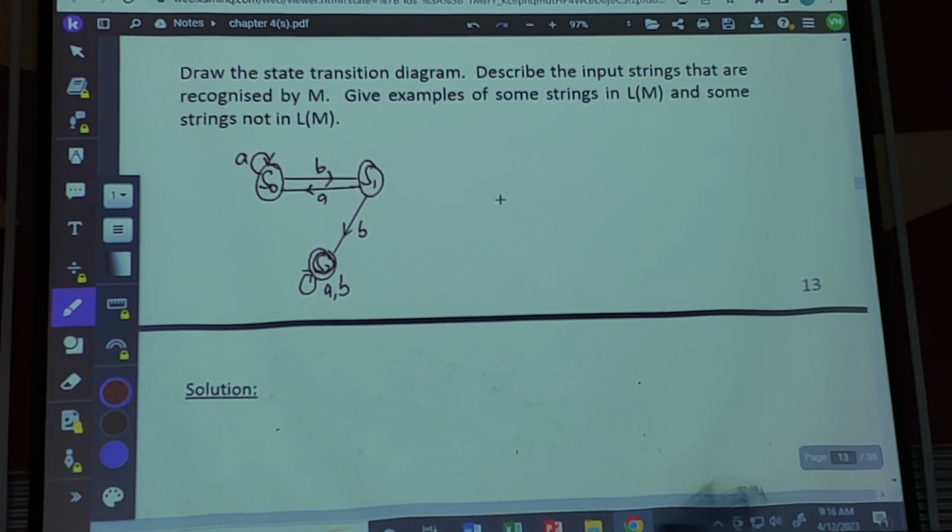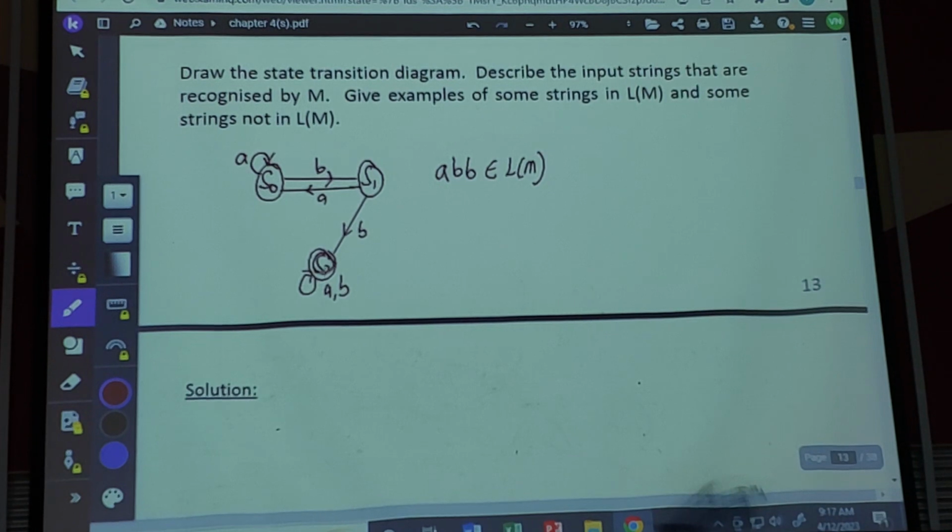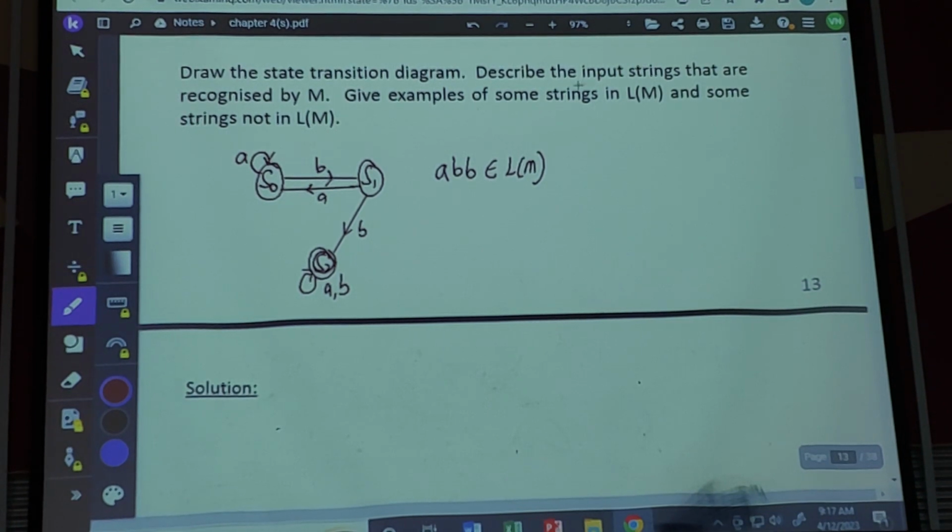Example which is an LM string? A, B, B. This belongs to LM. Agree? Because the A here, B here, B here, right? As long as you can go to the acceptance state, then the string will be in the LM. Any more?